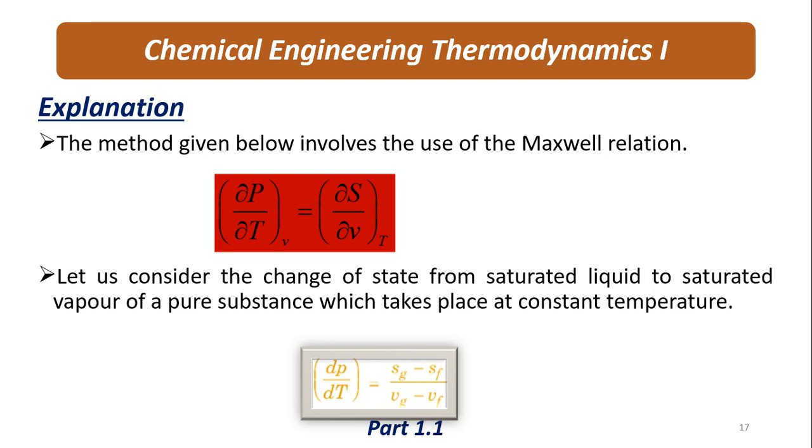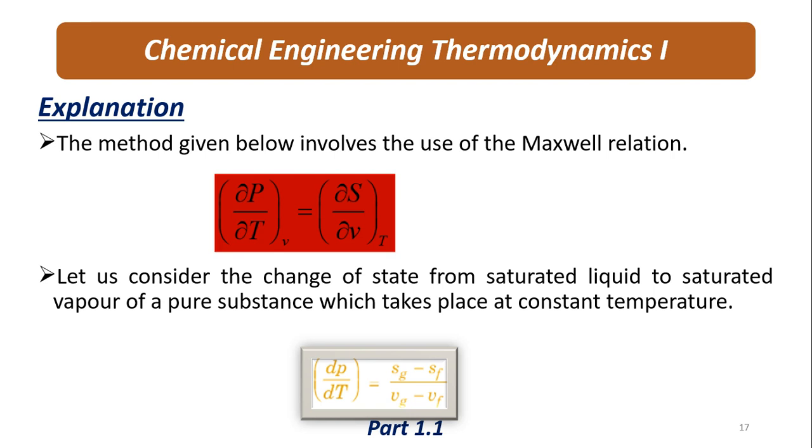If the temperature of the system is constant, dP by dT, which means the change in pressure by the change in temperature, is directly equal to the change in entropy with the change in specific volume. I mean that we are considering saturated liquid with saturated vapor.